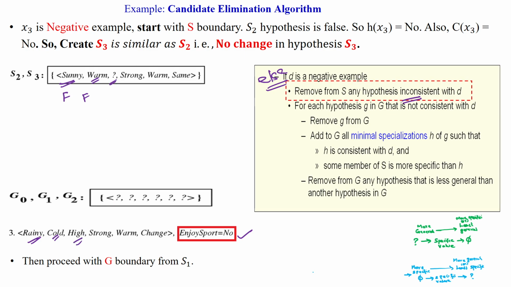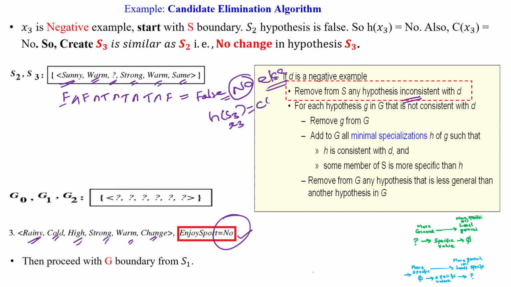High is accepting, so true. Strong and strong, true. Warm and warm, true. Change versus same is not accepting, so it is false. False and anything gives false with the logical AND operation. False is equivalent to no, so H of S3 with respect to x3 is equivalent to C of x3. So it is a consistent hypothesis.